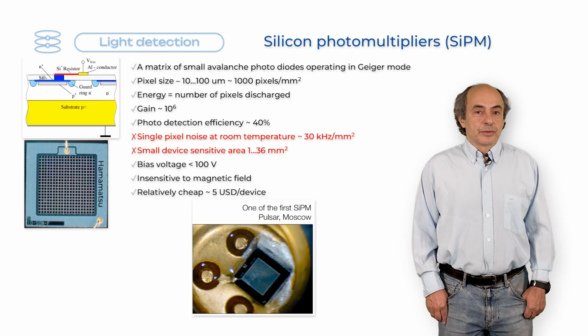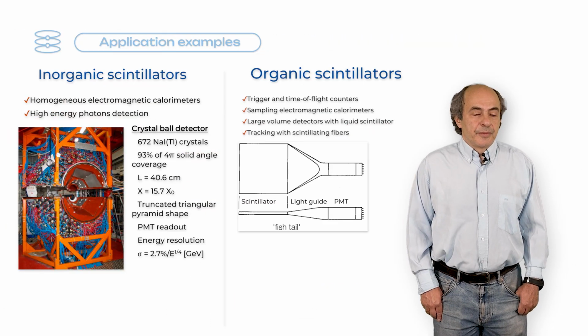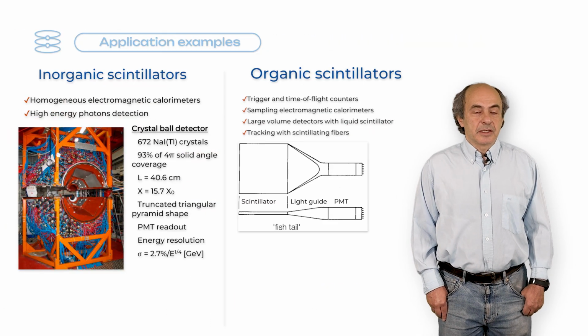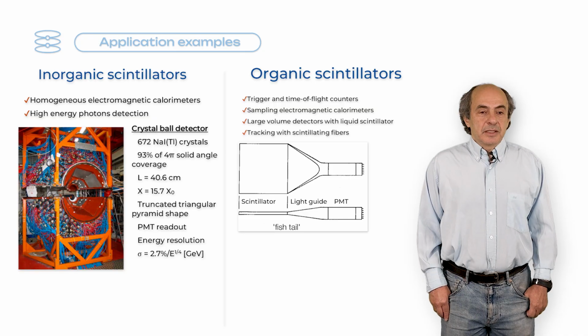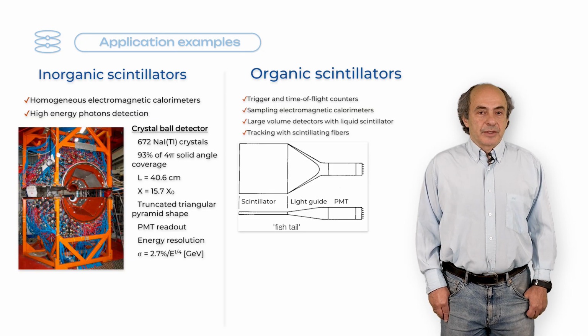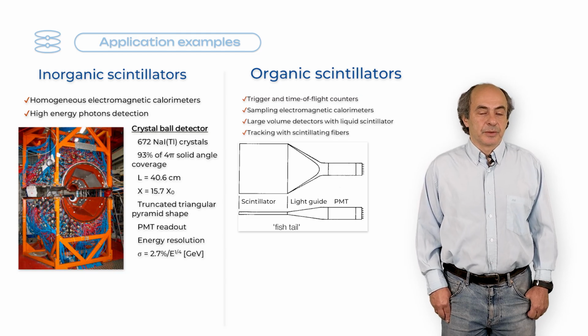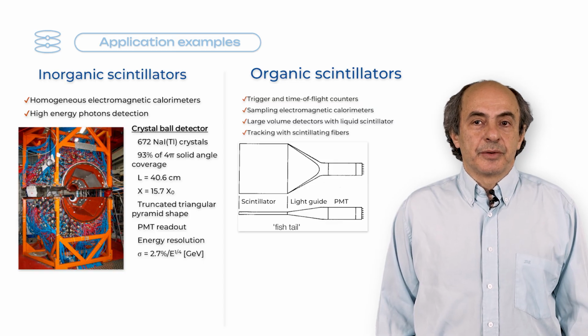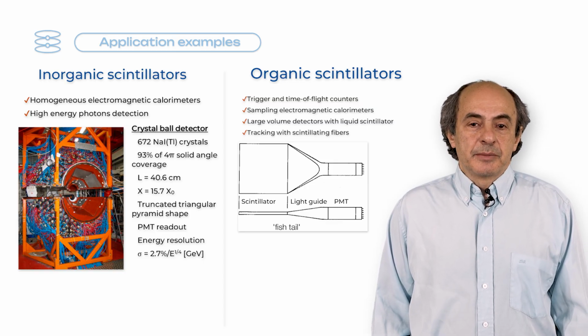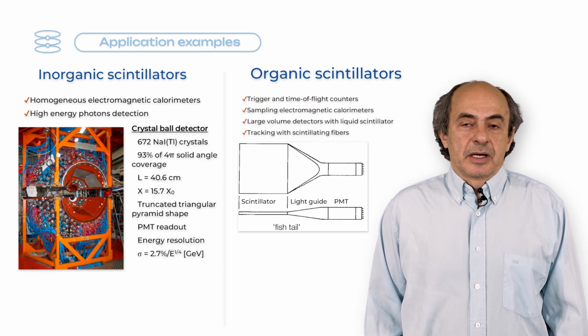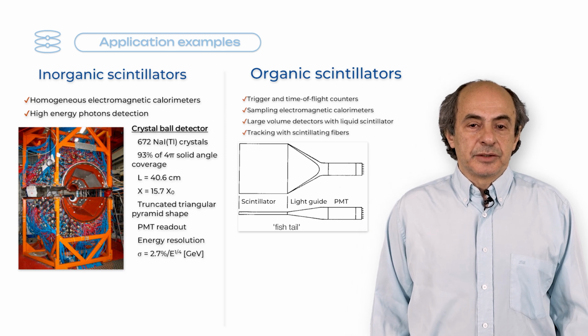Now let's go to some examples of how we use organic and inorganic scintillators. Inorganic scintillators with short radiation lengths are very useful for homogeneous electromagnetic calorimeters and detecting of high energy photons. Here you see an example of a very much used detector created already in the 20th century.